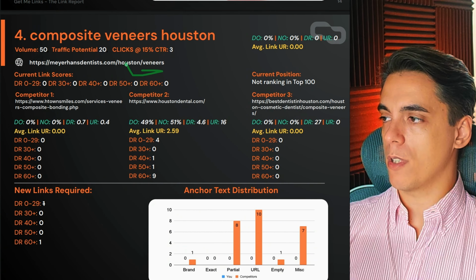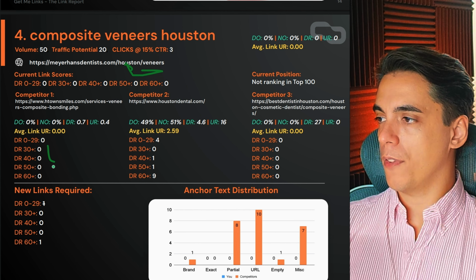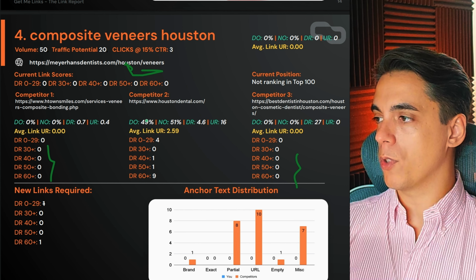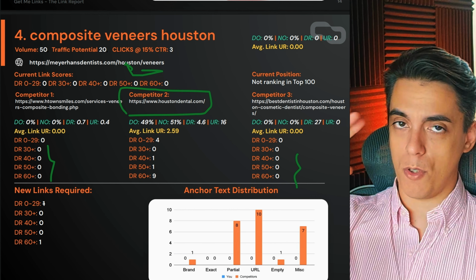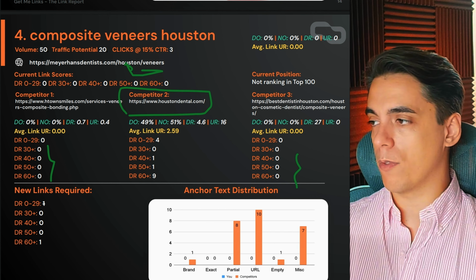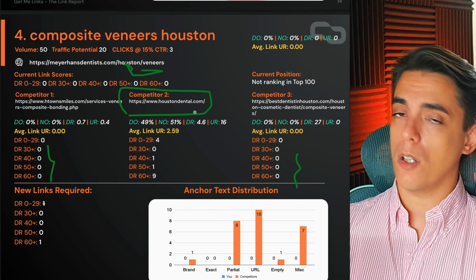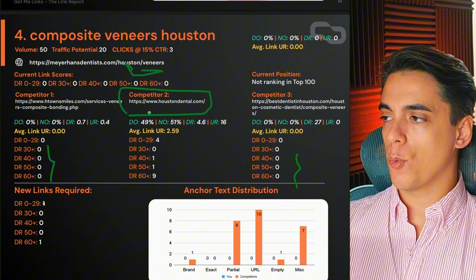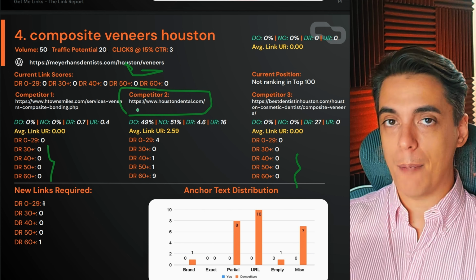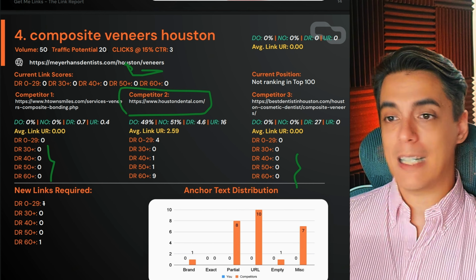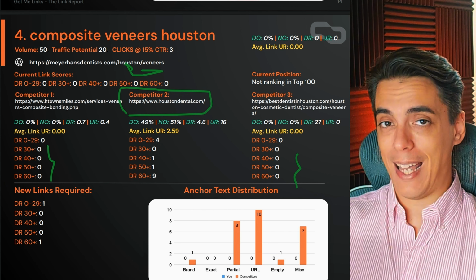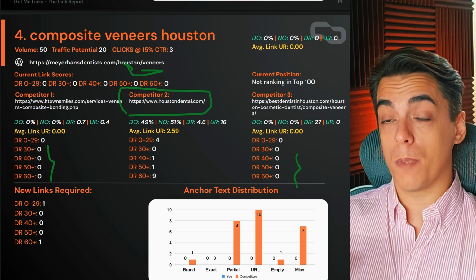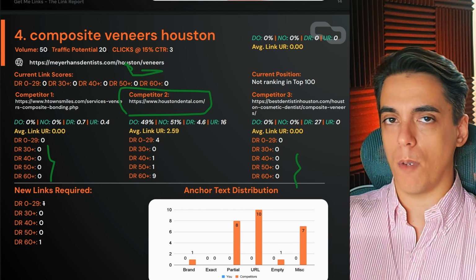Again, a page that supports the previous one. Nothing here, but we do have Houston Dental, which we didn't see on the previous keywords, but we saw them here, and they were in our original analysis, ranking with the homepage. So you will always encounter certain hyperlocal competitors who will be slightly more specialized in one thing or the other, or their on-page SEO, the text that appears on their homepage, will be slightly better optimized for one term over the other.